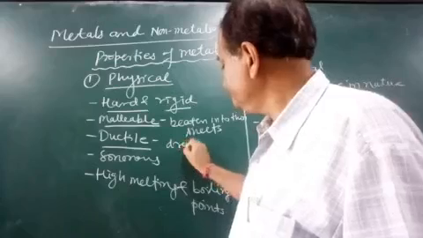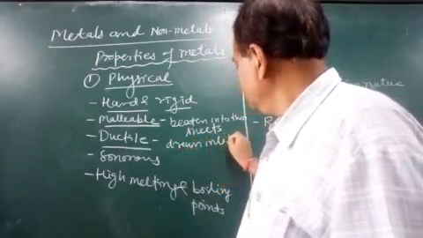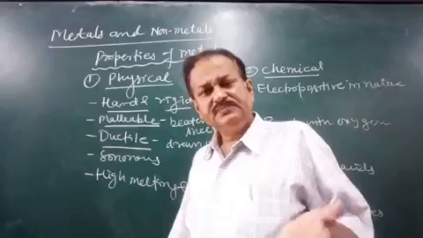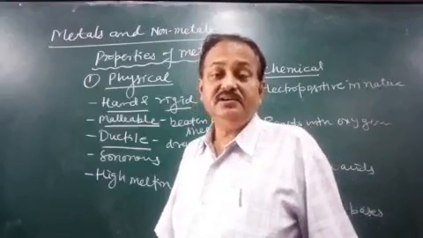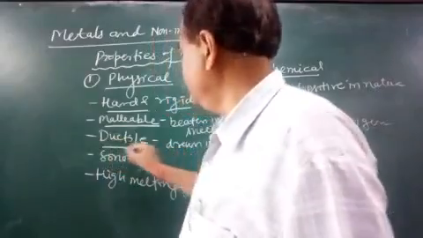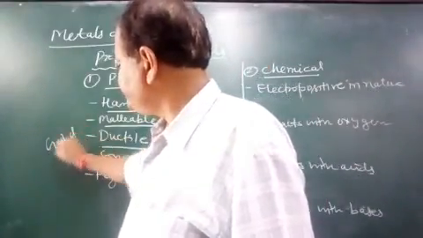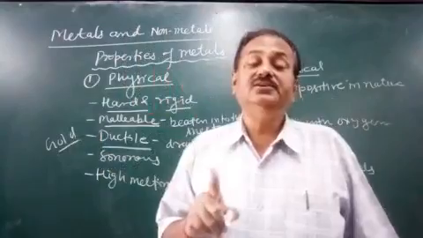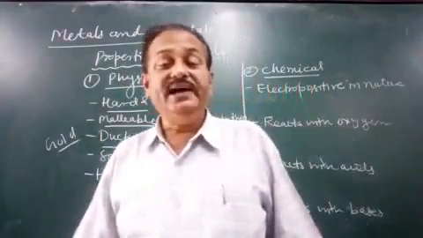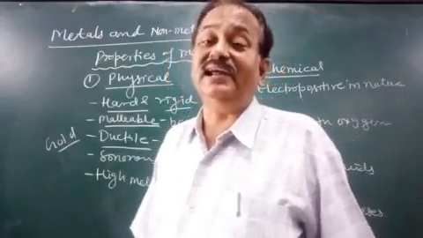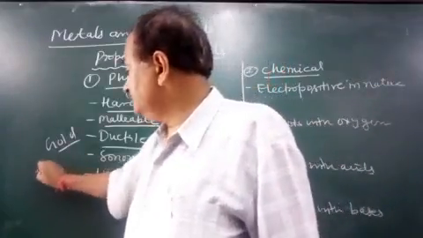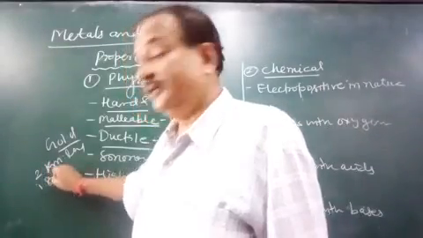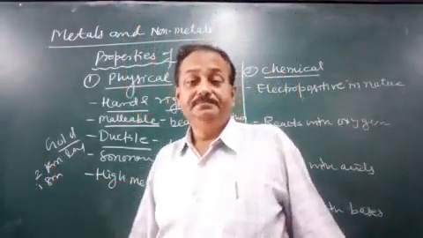Again, gold is most ductile, and it has been estimated that a 2 kilometer long wire can be drawn from 1 gram. 1 gram, 2 kilometer long from 1 gram. So you can imagine the strength.